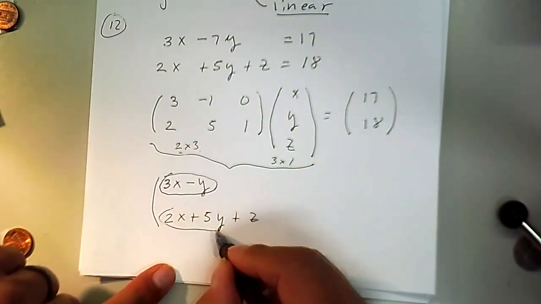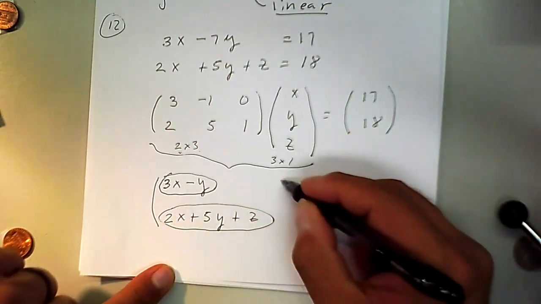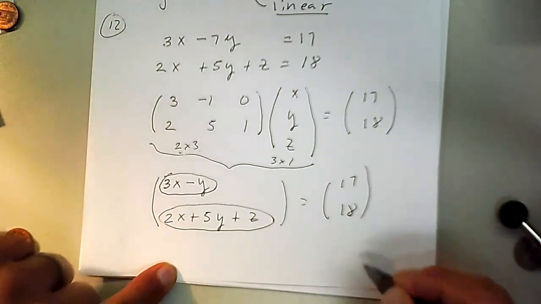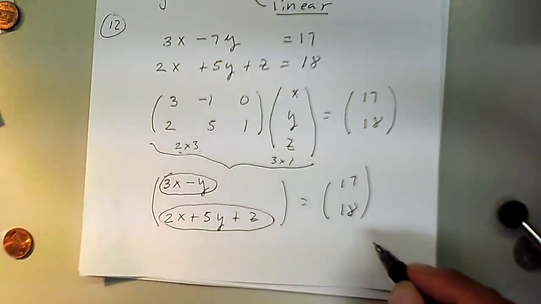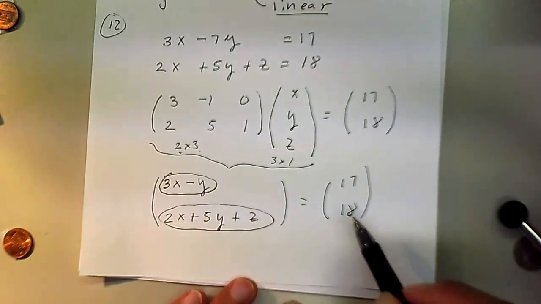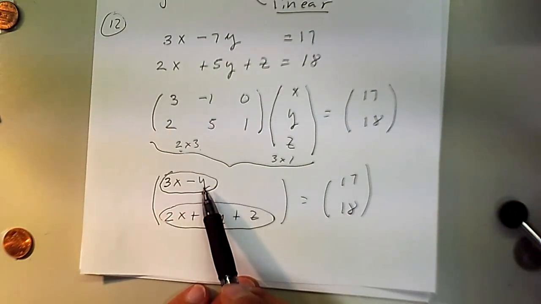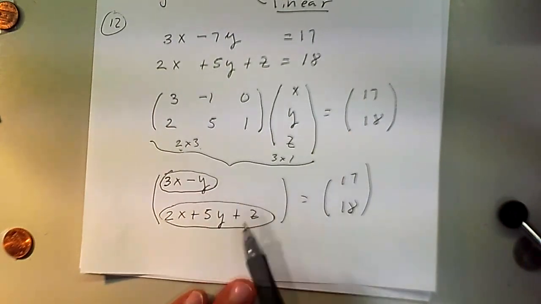Again, this is just 1 entry, as long as it looks, equaling 17, 18. I didn't make a big deal about this before, but 2 matrices are equal exactly when their corresponding entries are identically the same.